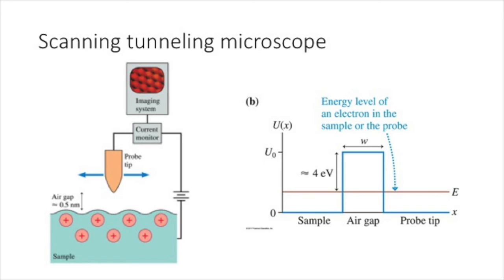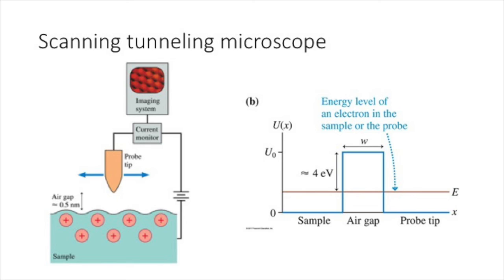You have some electrons in your sample, and then you have this probe tip, and you apply a voltage to that tip. You keep an air gap between the tip and the sample, and because of this gap, there's effectively a potential energy barrier between the surface and the tip itself. So this is like what we talked about, except now the one dimension we care about is vertical rather than horizontal.